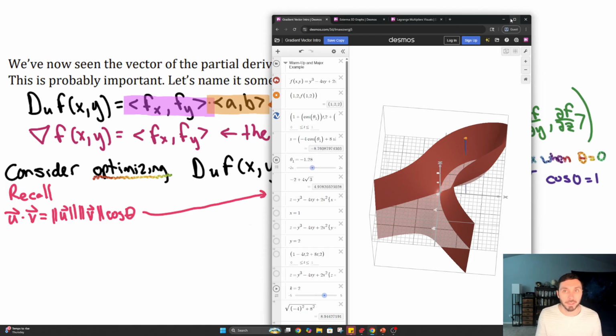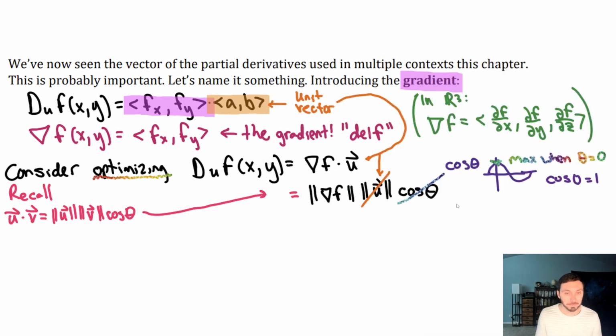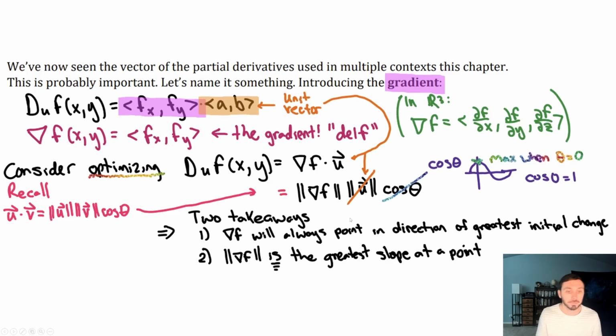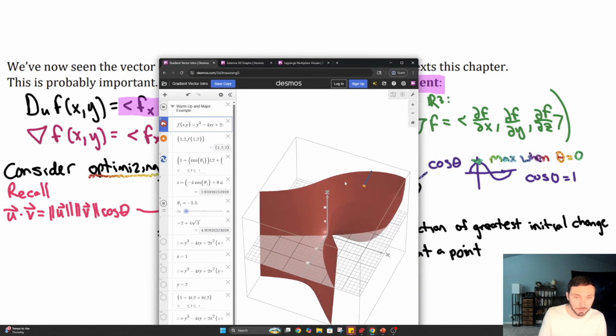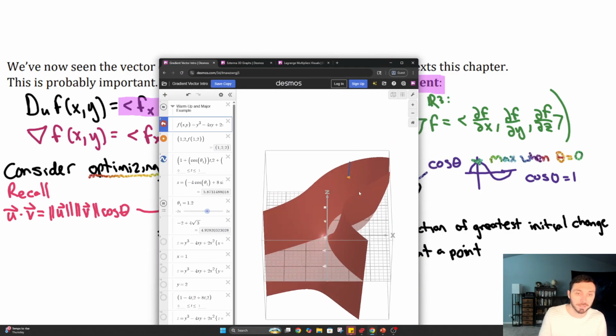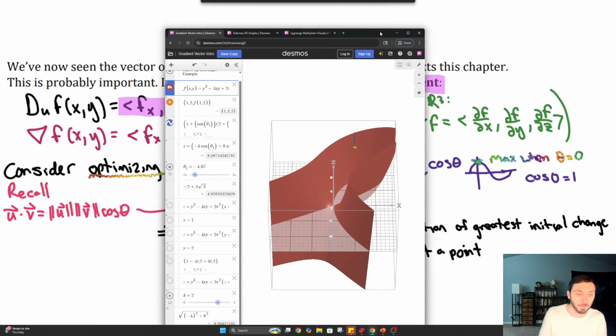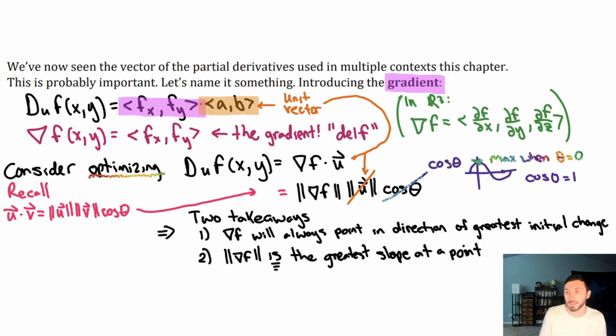All right, and then the other takeaway from this, so there's 2. The magnitude of del f is the greatest slope. The greatest slope that you can encounter from climbing this mountain is a slope of that 8.94427 value. But then additionally, the gradient will always point in the direction of the greatest initial change.